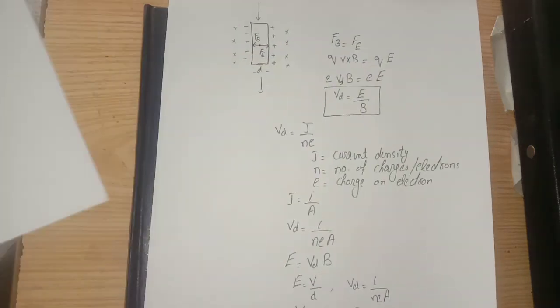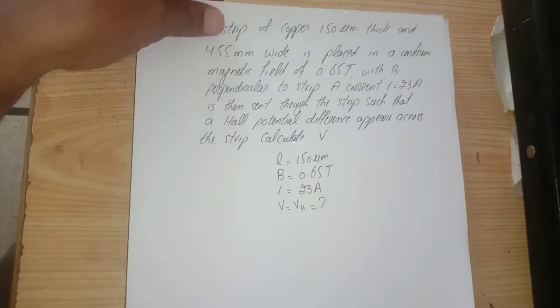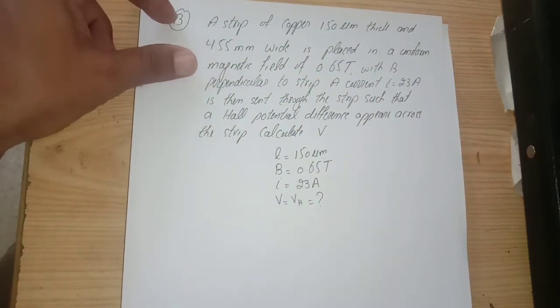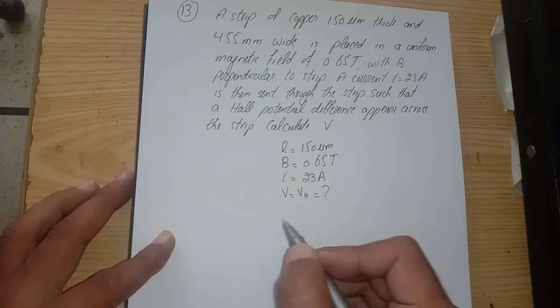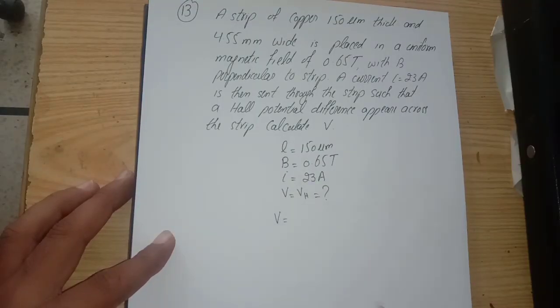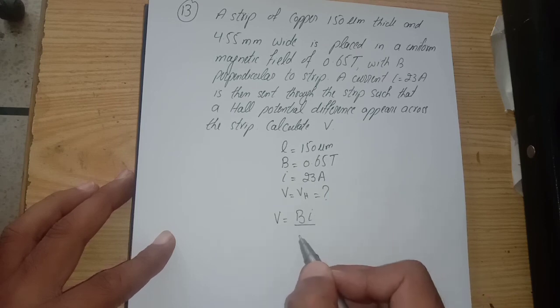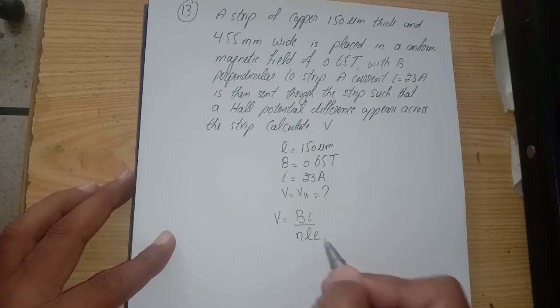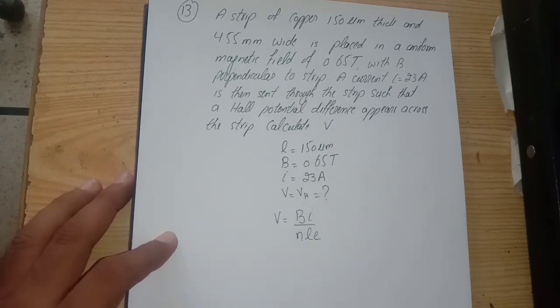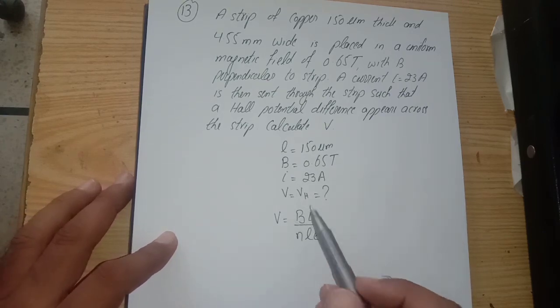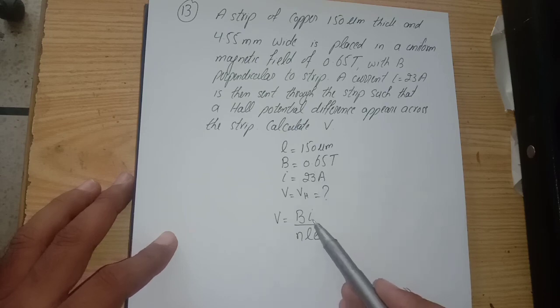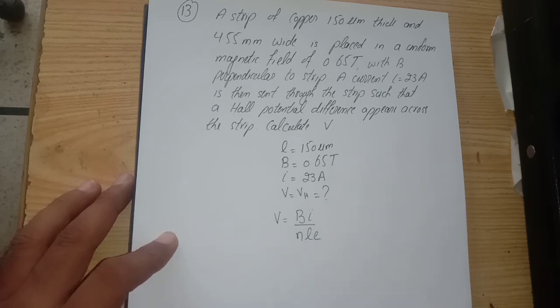So the V in this case should be equal to BI over NLE. In this case we have this B given, we have now the current, we know the thickness of the strip, we know the charge on electron.